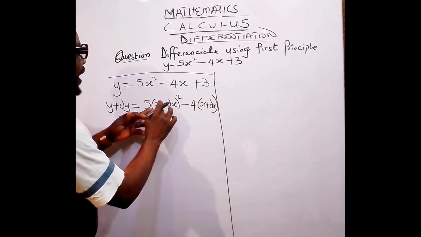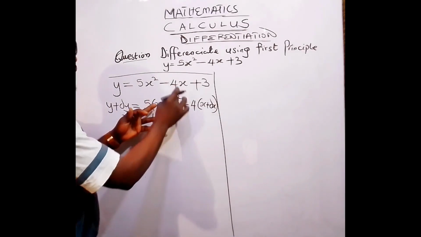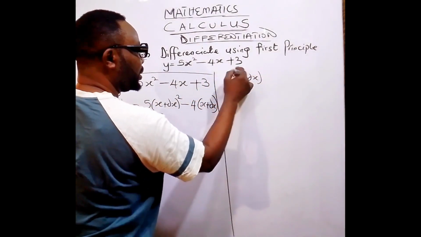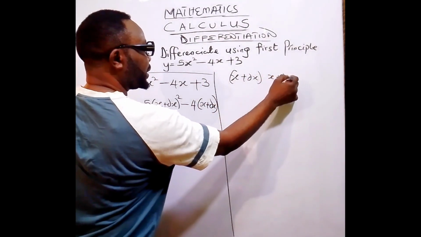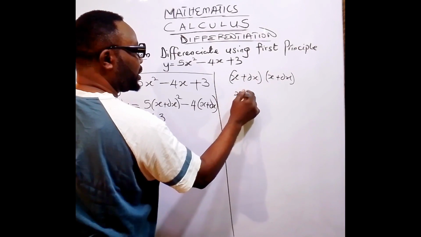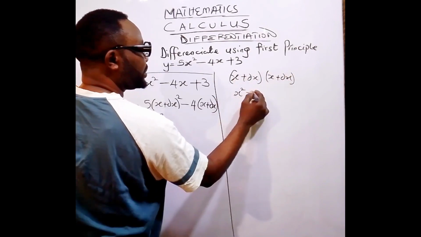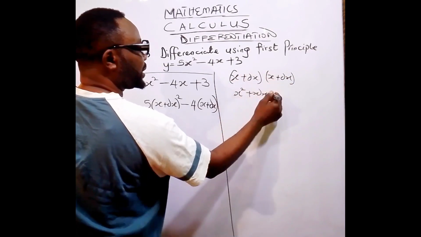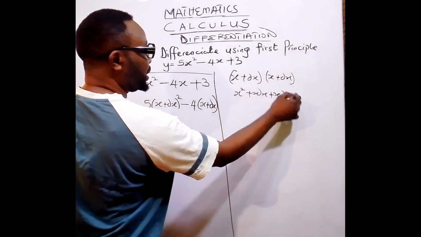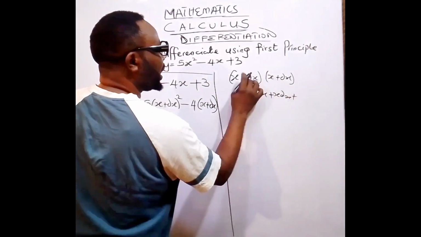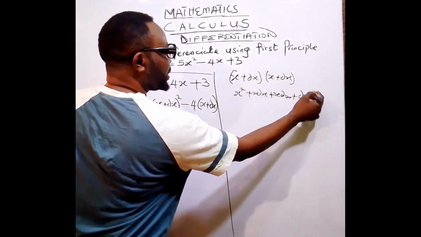To find the value of x plus delta x in bracket squared, you can quickly work it out somewhere. x plus delta x times x plus delta x. You expand it: x times x is x squared. x times delta x is plus x delta x. Delta x times x is plus x delta x again, the same. Then delta x times delta x is delta x squared.